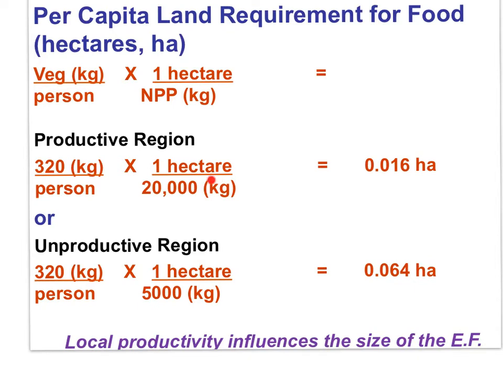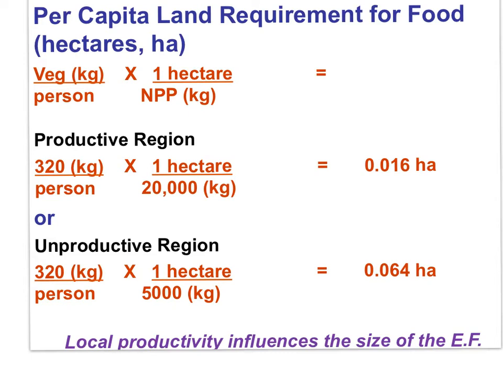Now this is converted into 20,000 kilograms per hectare. You'll have to trust my calculation of this value. The ecological footprint for vegetable food in a productive region is 0.016 hectares.